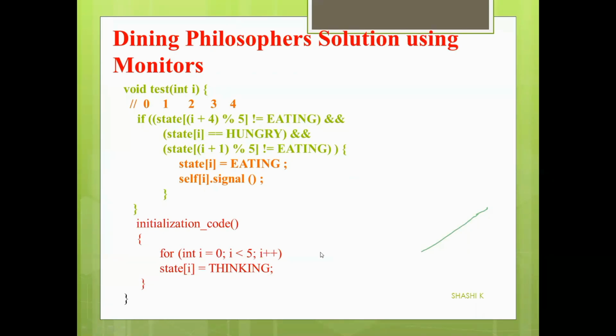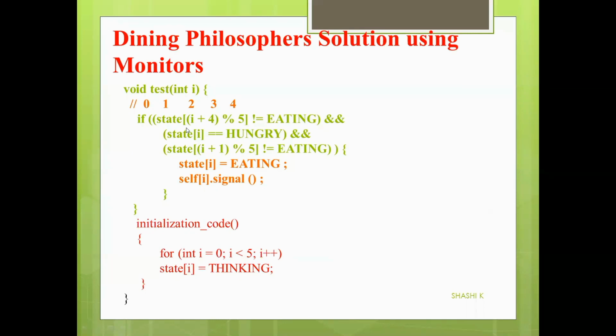First, if a philosopher wants to go to the eating state, that philosopher has to be in the hungry state. So you check whether state of I of the current philosopher is hungry. And then you check the state of the left philosopher and the state of the right philosopher.